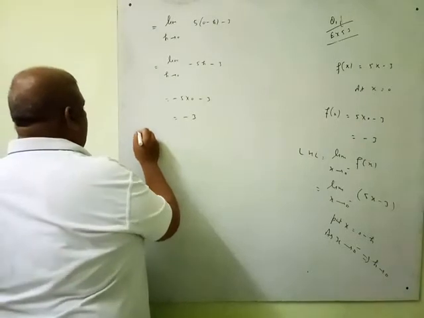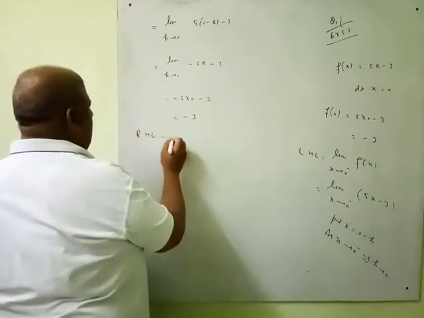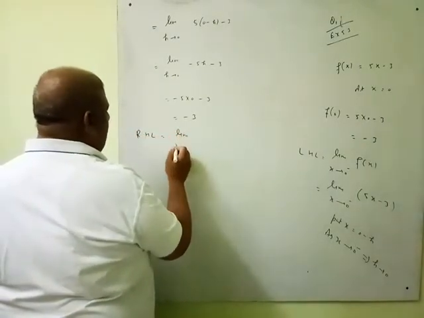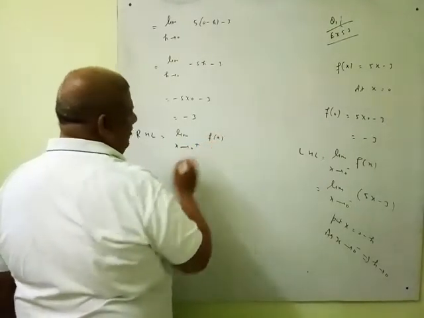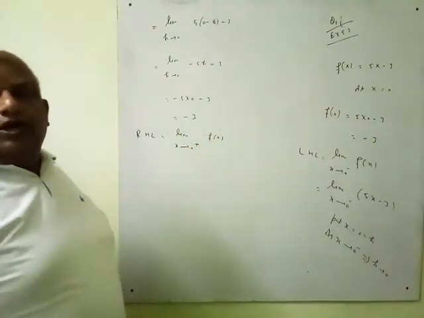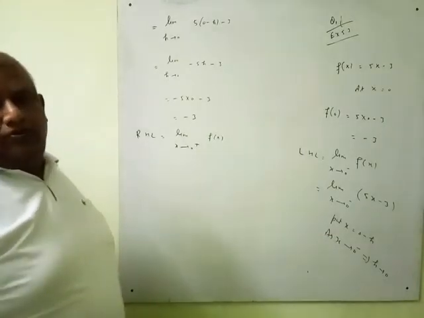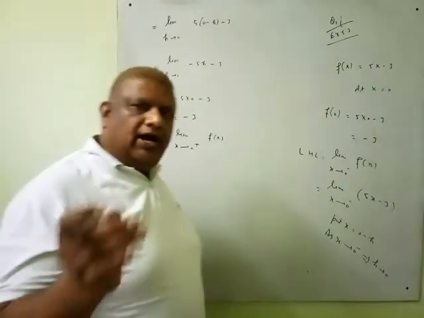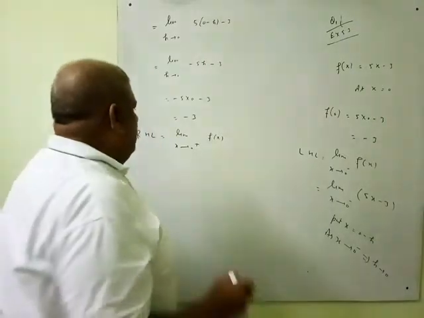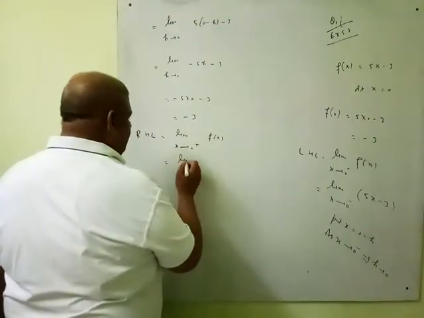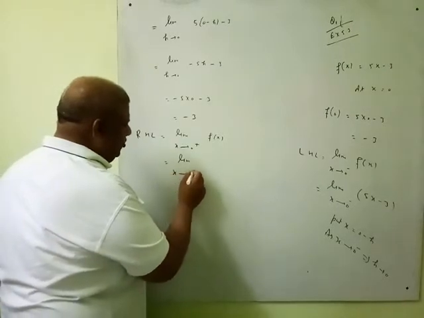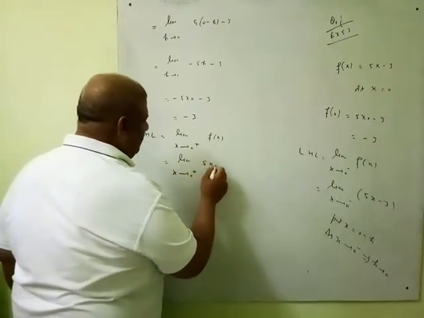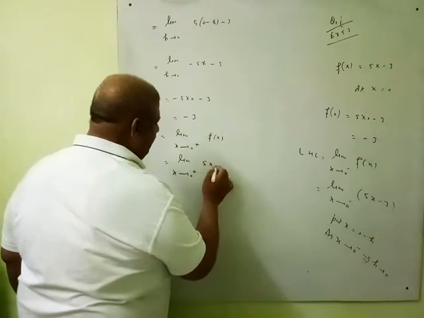Similarly, we will find out the right hand limit. Limit x tends to 0 plus f(x). It is from the right of 0. We will approach 0 from the right side. Limit x tends to 0 plus, 5x minus 3.